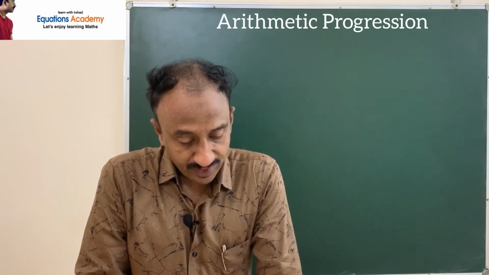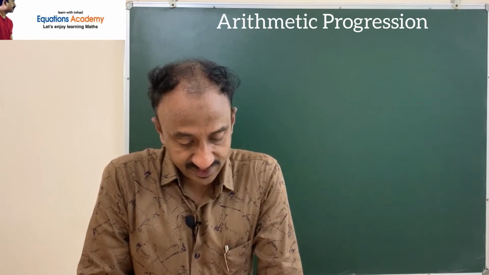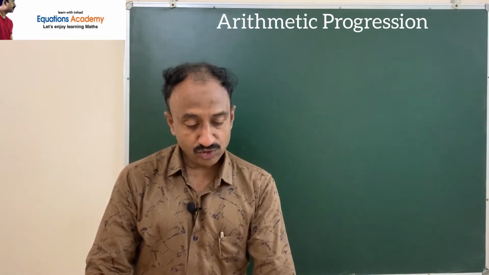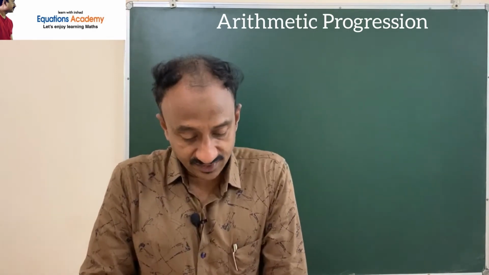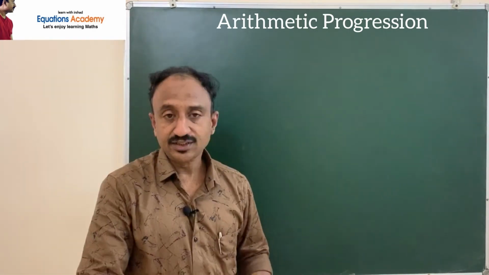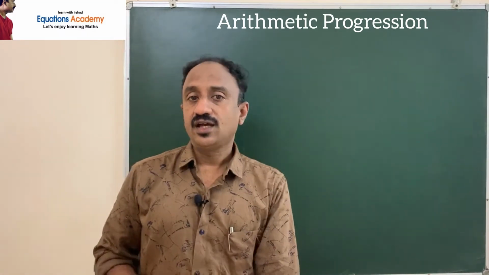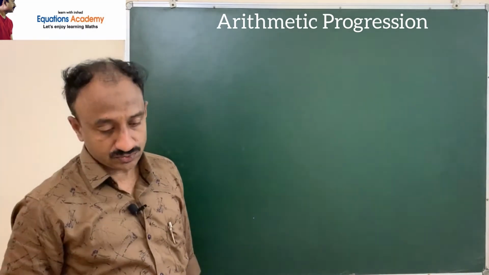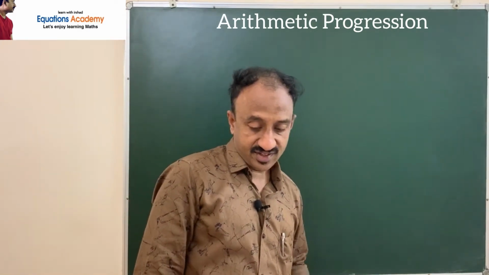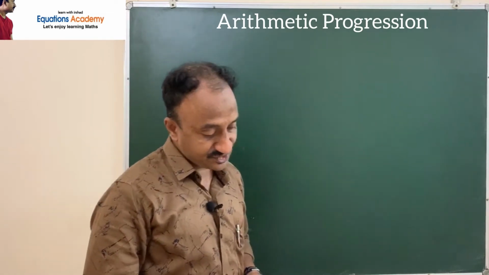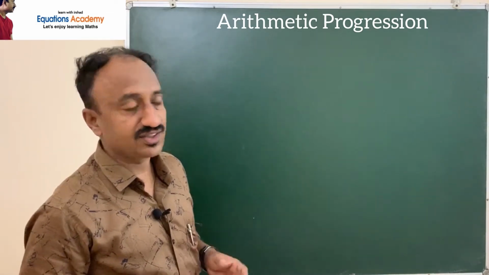The amount of air present in a cylinder when a vacuum pump removes 1/4 of the air remaining in the cylinder at a time. We need to check whether this amount will be an AP or not. So for this, first let's assume that x is the amount of air in the cylinder.